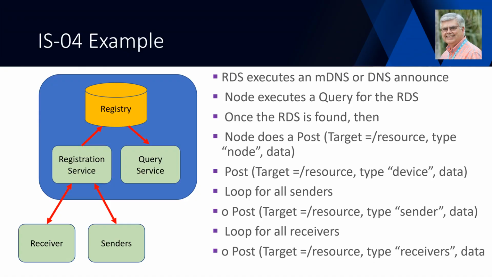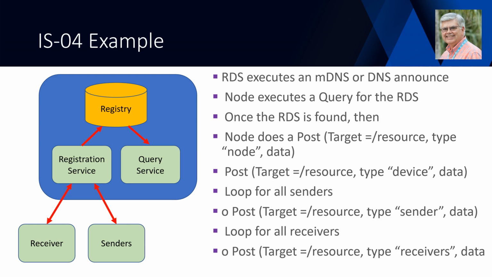So the RDS, the registration system, executes either an mDNS or DNS announce. It says, this is who I am, and this is who you need to connect to. And then the senders or the receivers will send their SDP file to that, answering that mDNS.